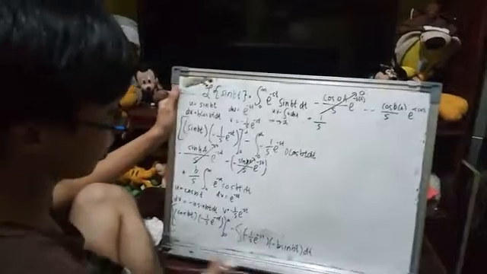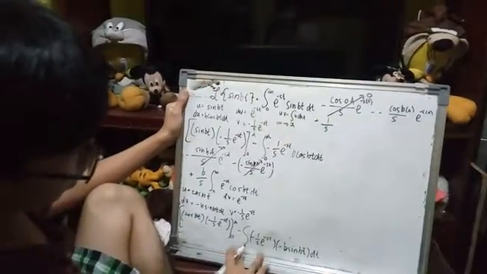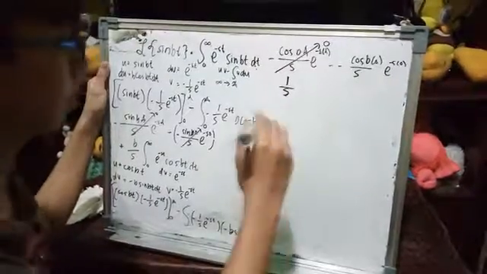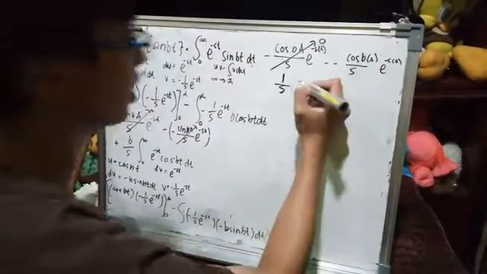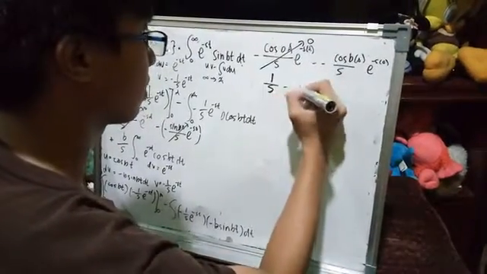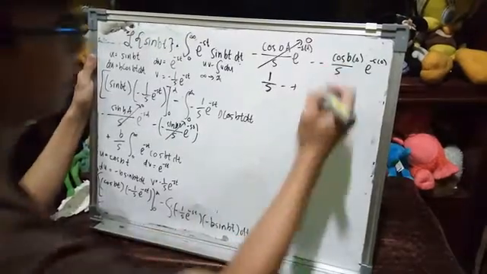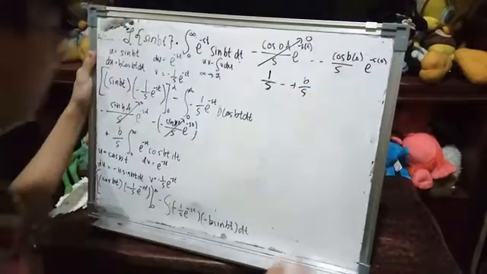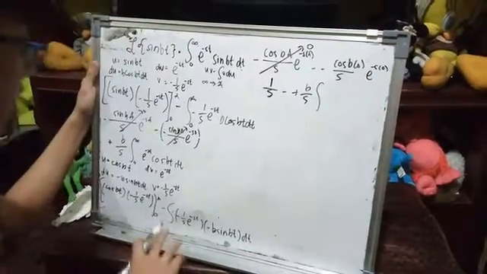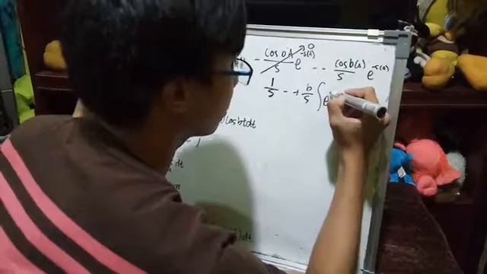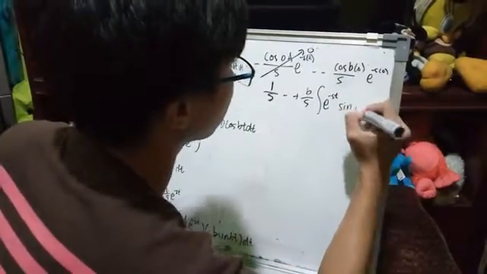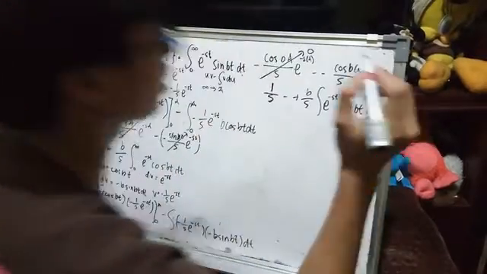Now we can extract the constant here. So it will become the positive b over s times the integration of e raised to negative st times sine bt dt.